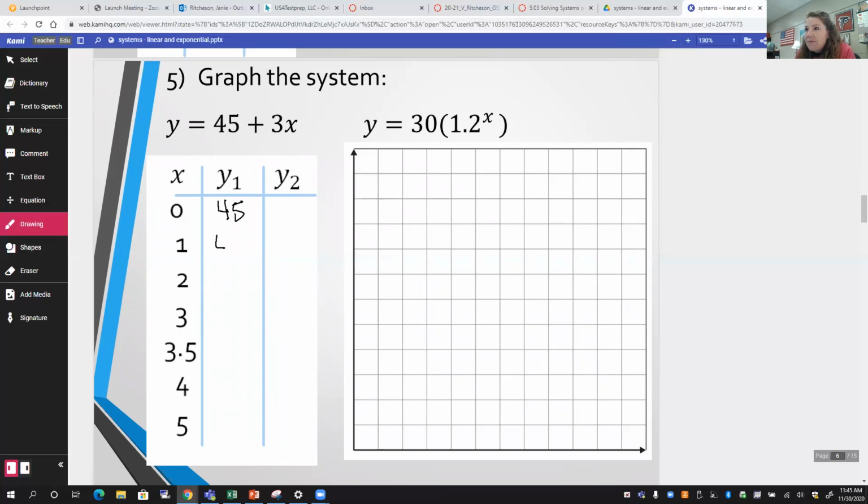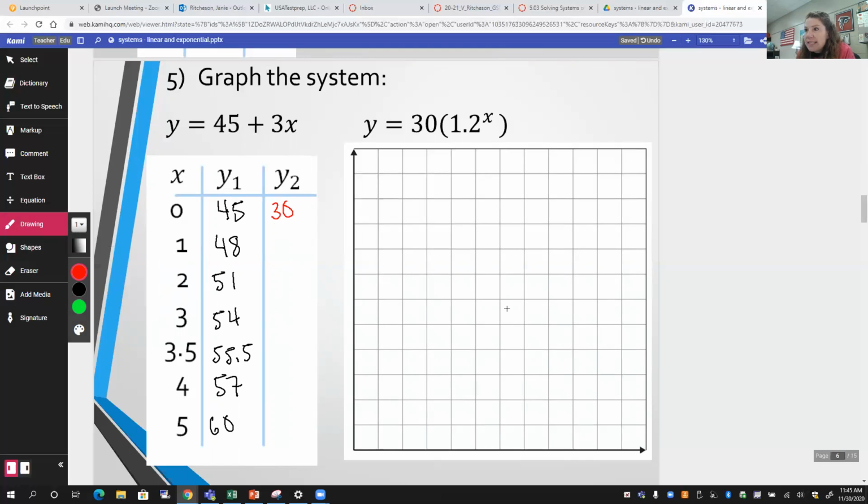All right, so I have 45, 48, 51, 54, 55.5, put that for a specific reason, 57 and 60. And then I'll use a different color. Let's do red on this one. This is going to be 30.